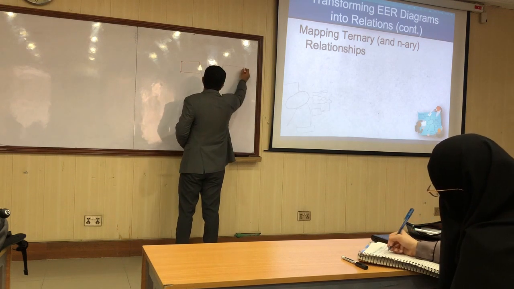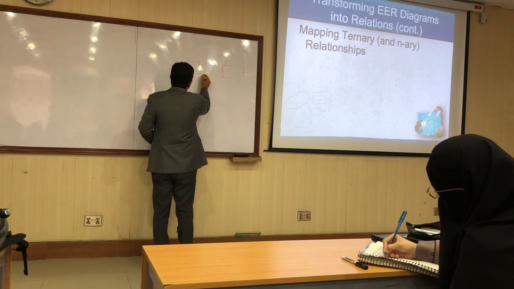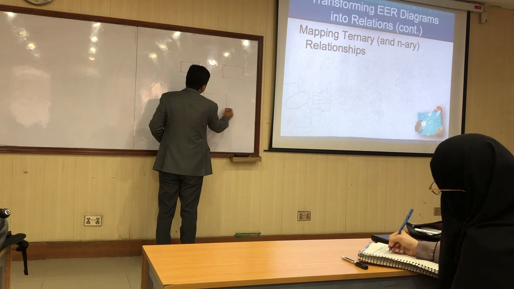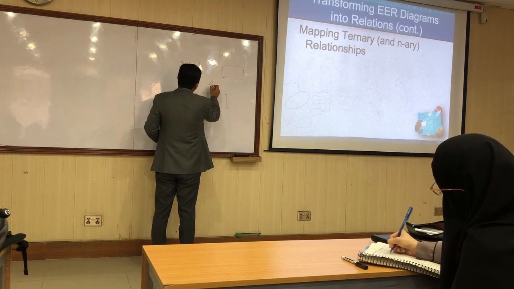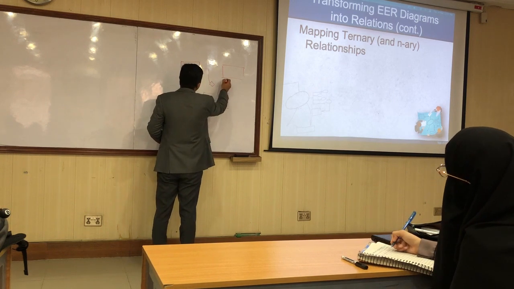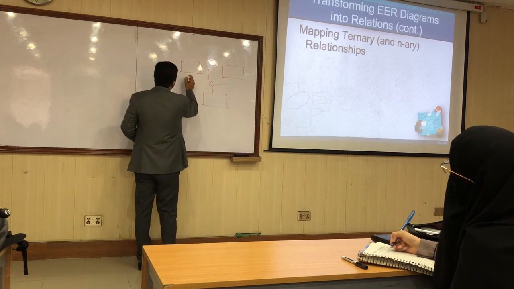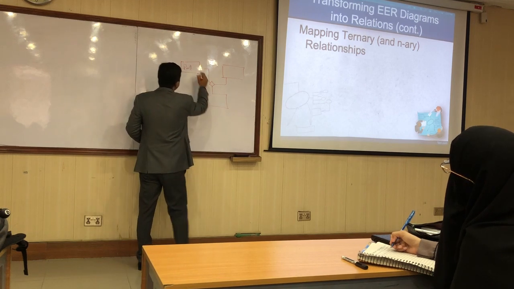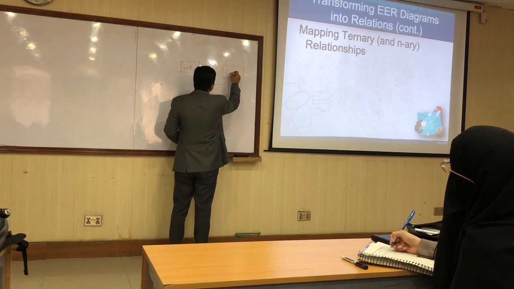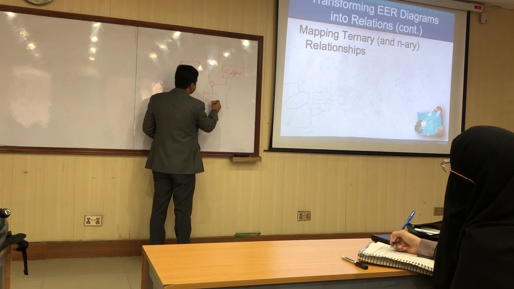So for example, there is a ternary relationship. For example, this relationship is between a part, a supplier and a warehouse.